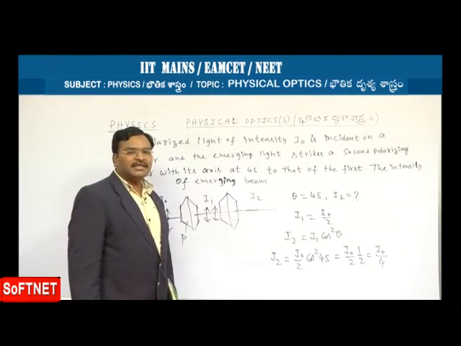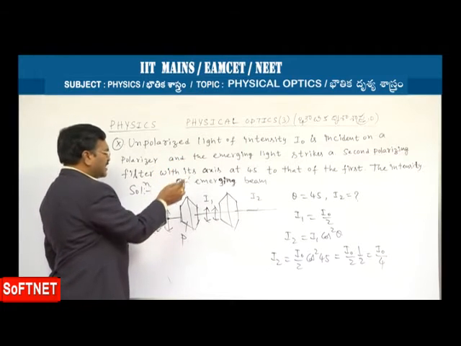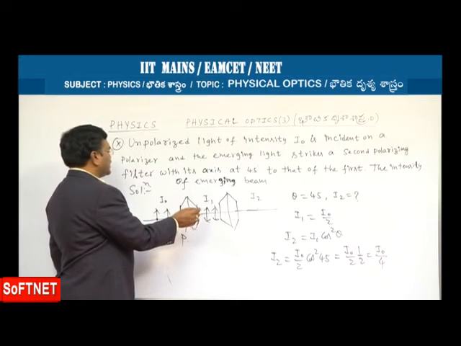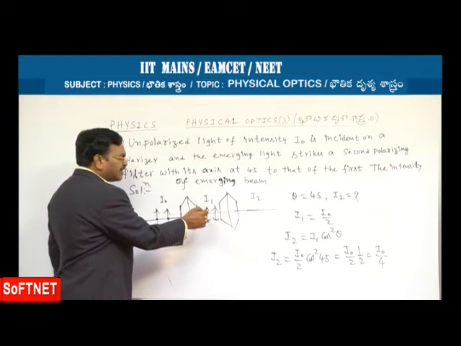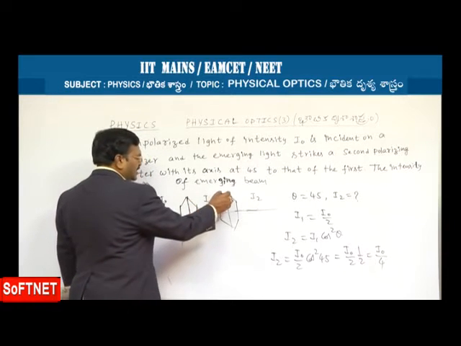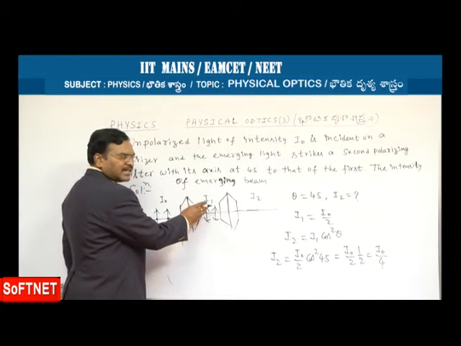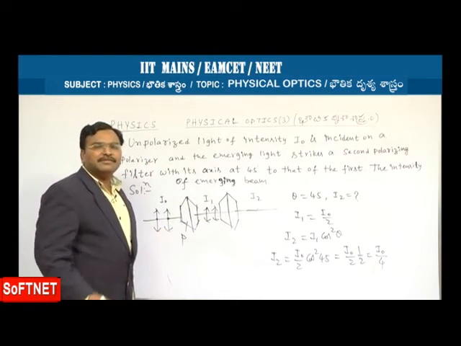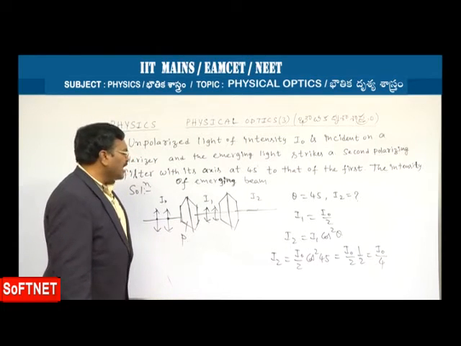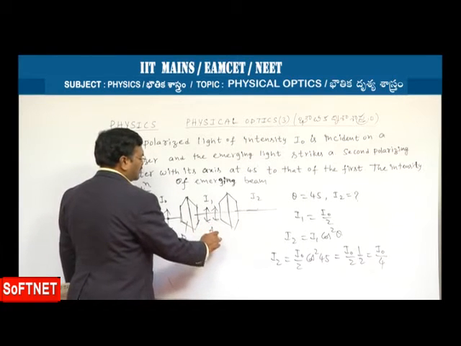Is it clear? What is given? Unpolarized light of intensity I naught is incident on a polarizer and the emerging light strikes the second filter with its axis at 45 degrees to that of the first. The angle between the transmission axes of the first and second filter is 45 degrees. First, unpolarized light incident on the polarizer, it absorbs one component, so the intensity becomes half. Suppose A naught is the amplitude, it becomes A naught by root 2.